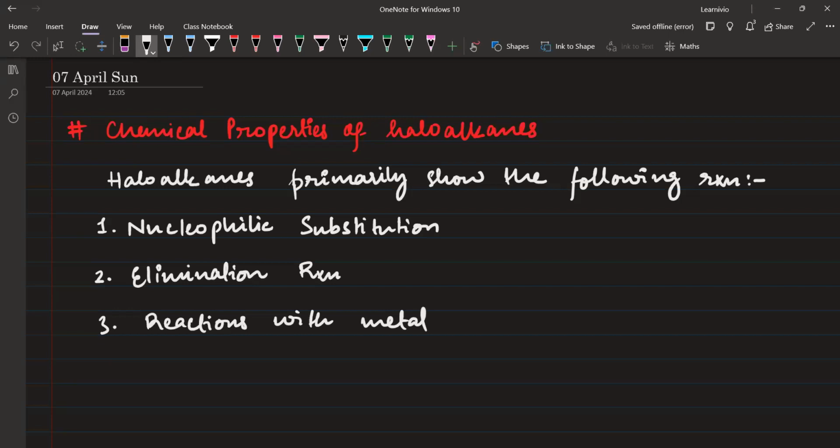So you will write now the heading: nucleophilic substitution reaction.